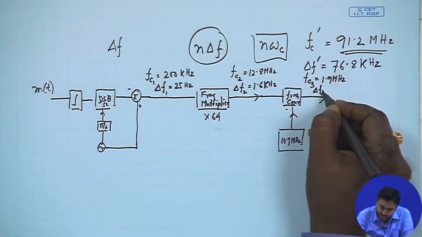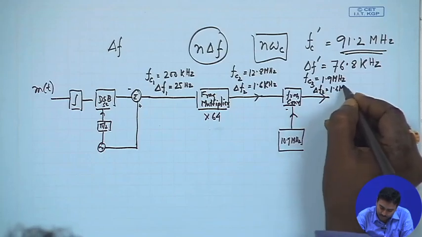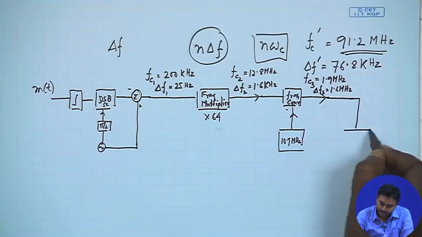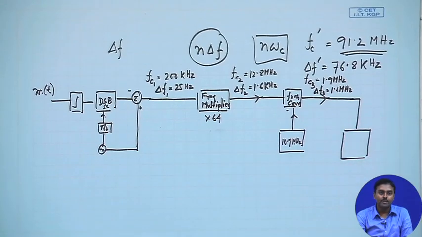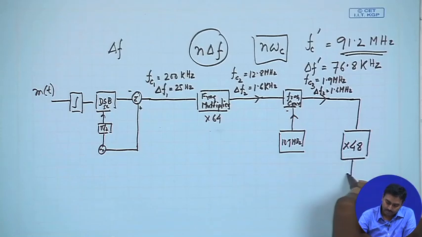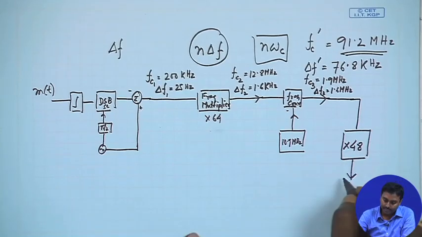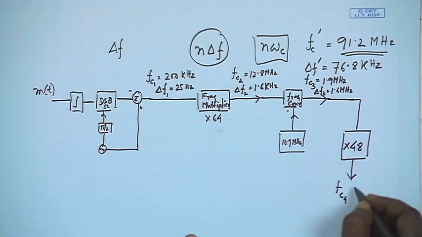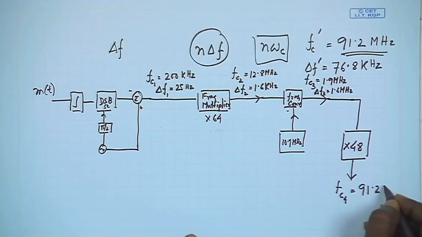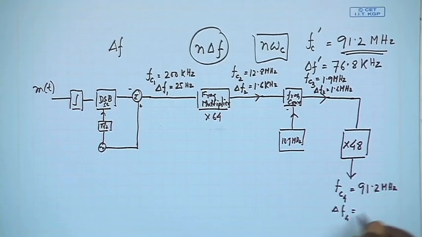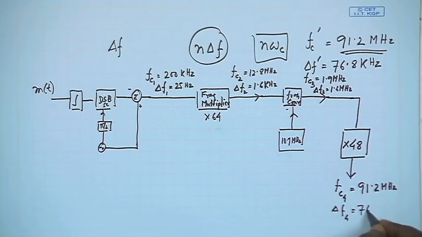So, del F3 remains the same 1.6 kilohertz, right. Then in the last stage I will be putting another frequency multiplier, that is multiplication with 48, and then you will see immediately you get an FM which is having FC4, that is exactly 91.2 megahertz, and the del F4, that will be exactly this 76.8 kilohertz.